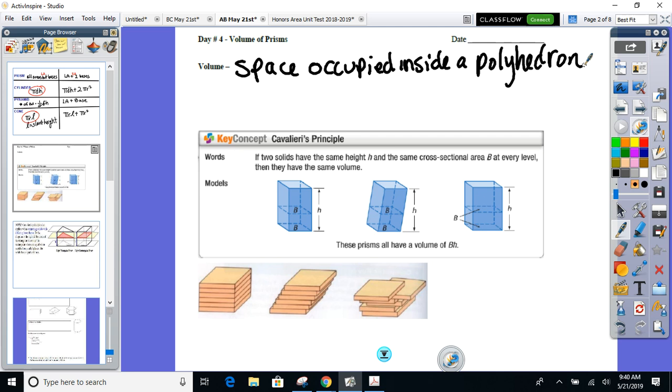All right, first off, before we get into any volume formulas or any figures, anybody want to pronounce this mathematician's last name there? I don't know. Cavalieri? All right. Cavalieri's principle.